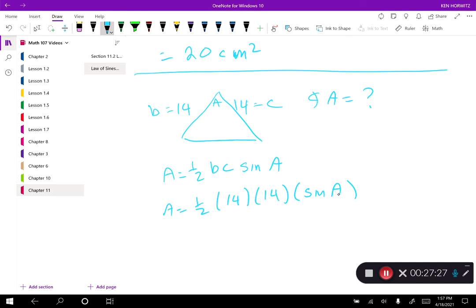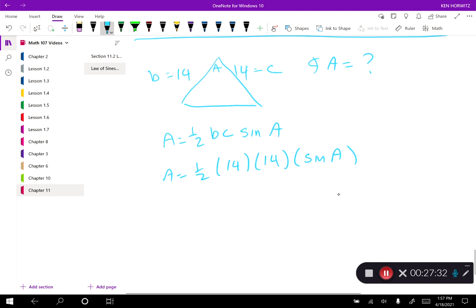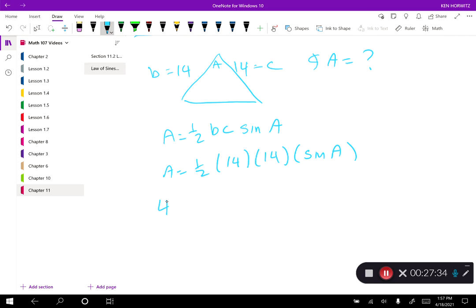All right, so if we do the multiplication, I got 14 times 14 times a half. So our area, which is 49, equals 98. And again, certainly welcome to check my work. That should equal 98 times the sine of A. So the sine of A equals 1/2.